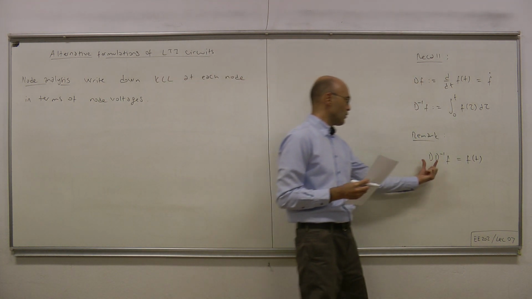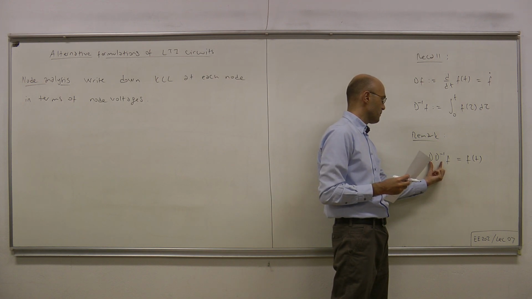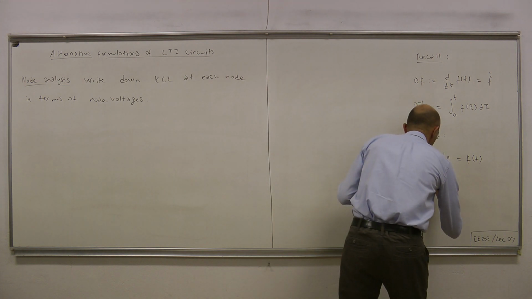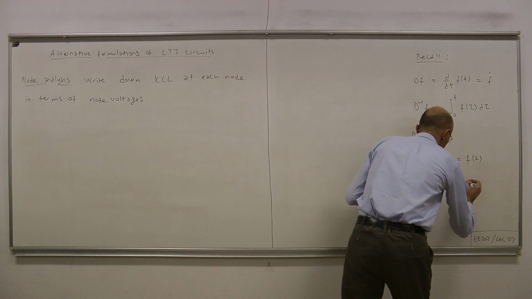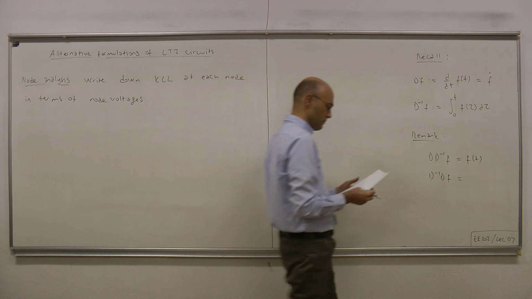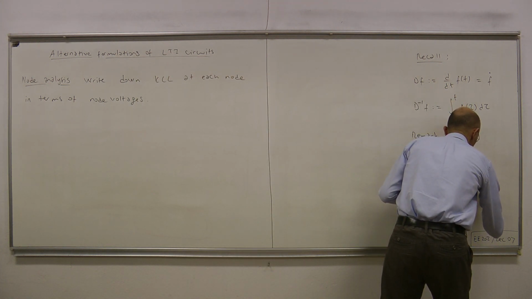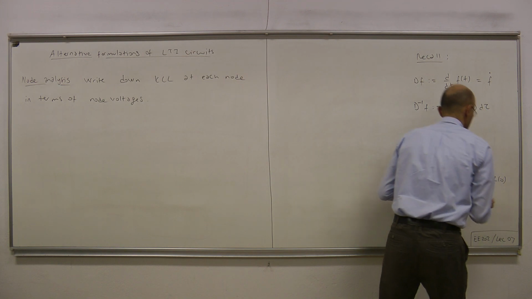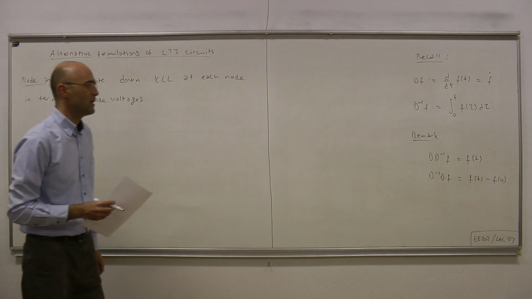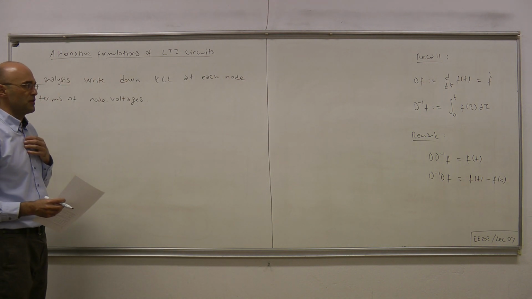In a sense, D inverse operates like an identity operator. However, D inverse D f is not f of t unless the initial condition is 0. This equals f of t minus f of 0. Why that's so follows from the definition. So we have to be careful in certain situations.